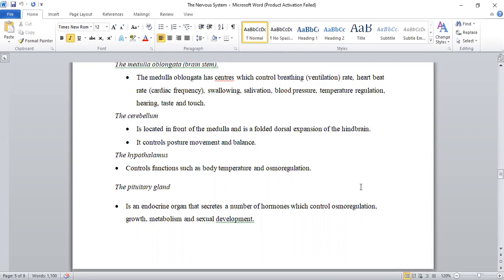Actually, on osmoregulation, I've just remembered a hormone that regulates osmoregulation. Remember from the, have we covered? No, we covered kidney. Yes, we covered kidney last semester. And there is this hormone we talked about, referred to as ADH, antidiuretic hormone. Antidiuretic hormone is secreted from the pituitary gland as well.